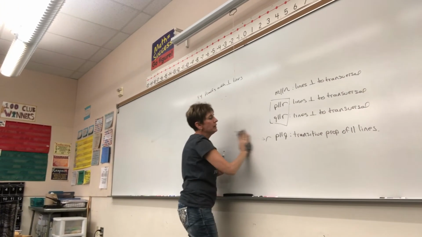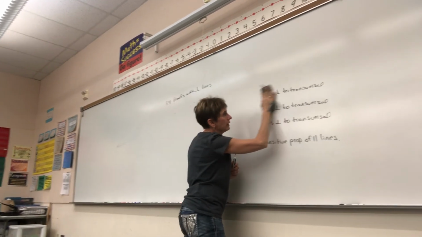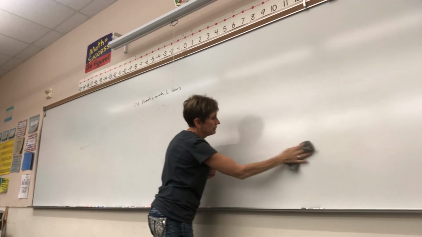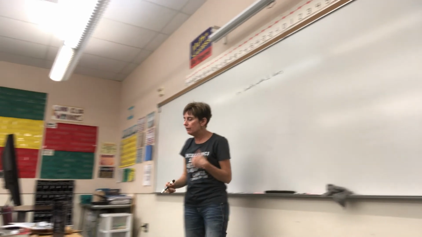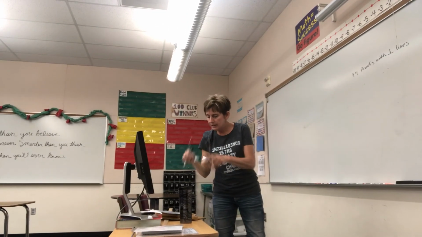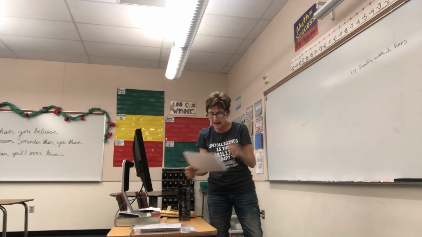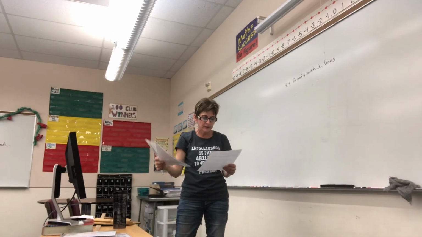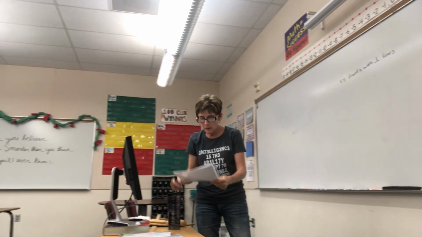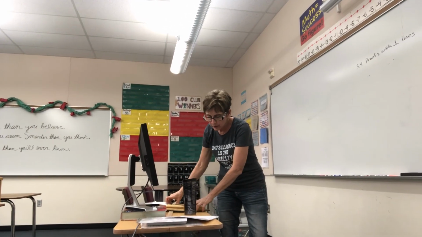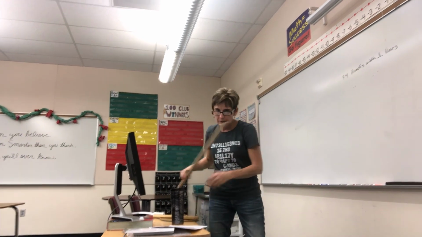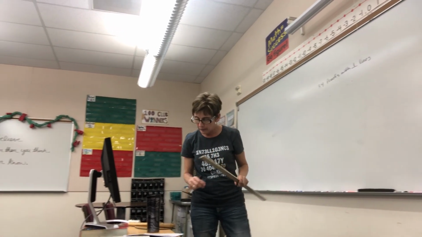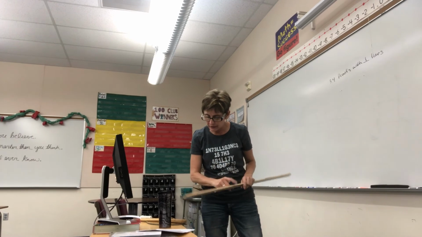Now, there is one other thing that comes up in the homework, and it's a construction. I am going to include it in these notes just because I want you to have everything that you need in one spot for this. So in this part of the notes, we're going to be using a ruler and a compass and protractor.